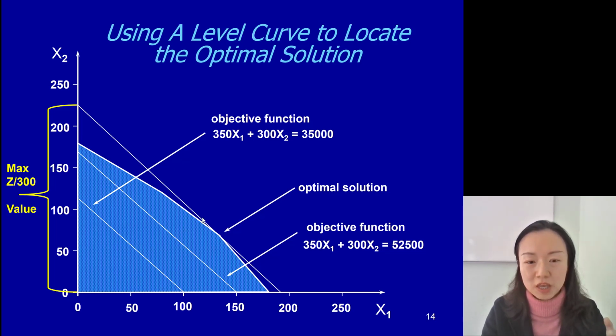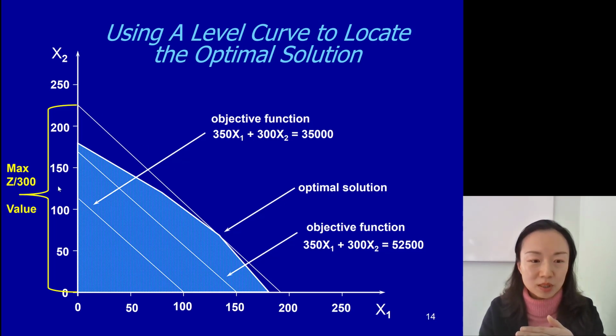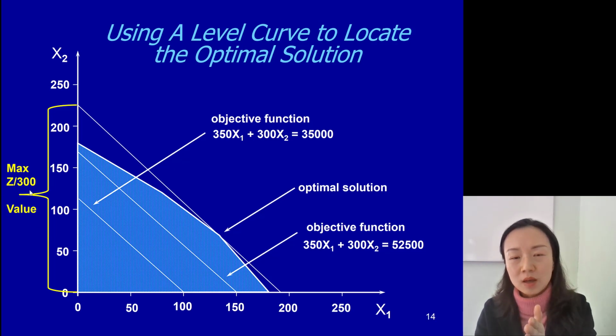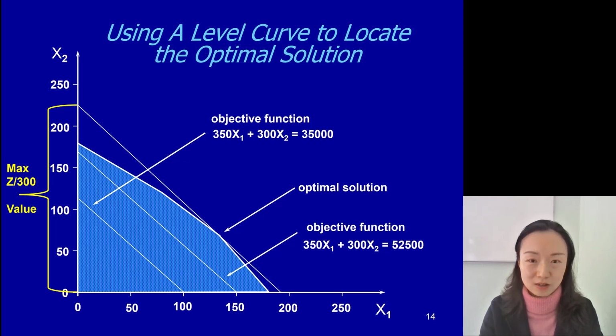Okay, if we keep pushing it outwards, our intercept on this x2 axis, which represents this z divided by 300 value, can keep increasing. However, since we're going out of our feasible region, whatever point we identify is no longer a feasible solution to our problem, which means that the constraints won't be satisfied.